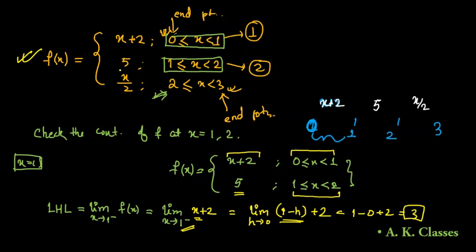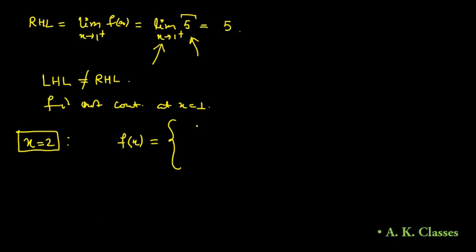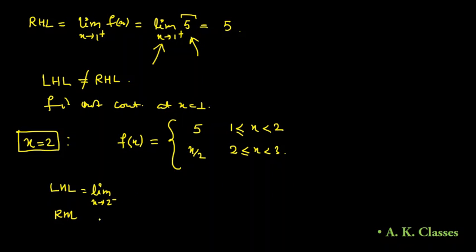For the first one the function is 5, and for the second one the function is x by 2. So here we have to write 5 and x by 2. For 5 it is 1 less than equals to x less than 2, and for x by 2 it is like this. Okay, now just find the left hand limit, then the right hand limit at point 2 negative, at point 2 positive.